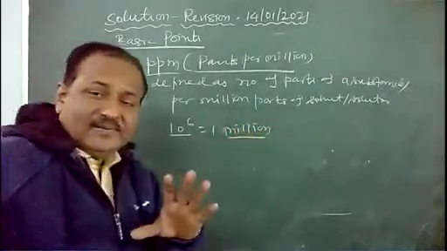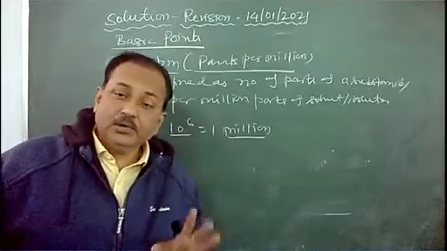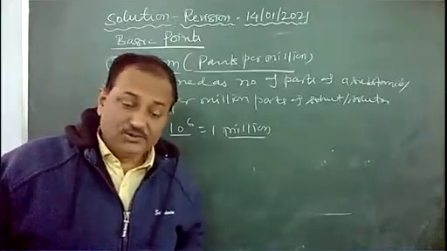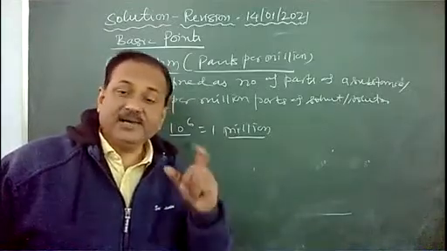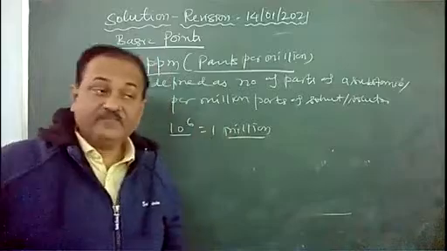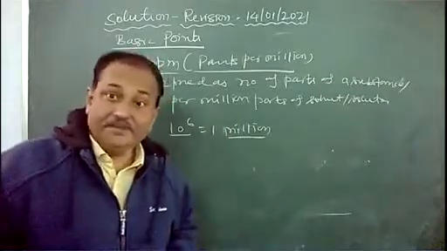I am citing a very simple example. We all purchase iodized salt, and on the packet of the iodized salt, the government has made it compulsory to mention the concentration in ppm.